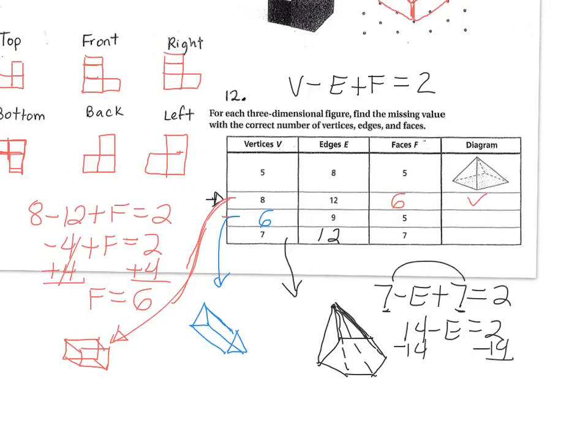So when you subtract the 14 from the positive 2, it's negative 12, but then you divide by negative 1, and that gives you the positive. Oh, so it always has to be positive. Well, in this case, remember length of sides, measurements, all of that has to be positive. So if it's not positive, you made a mistake. So the number of edges would be positive 12.